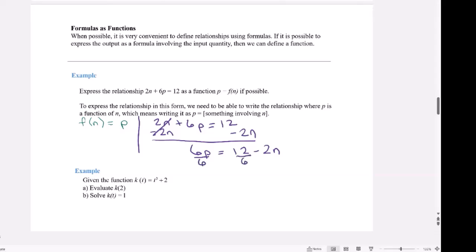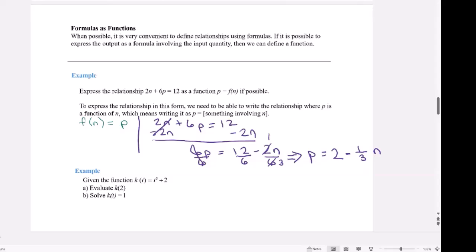You can also just say you're going to divide each thing by 6. So the 6's cancel, and I get p is equal to 12 divided by 6 is 2, minus 2 divided by 6 is 1/3, or I can cancel this to a 1 and this to a 3, and I get 1/3 times n, or n over 3.